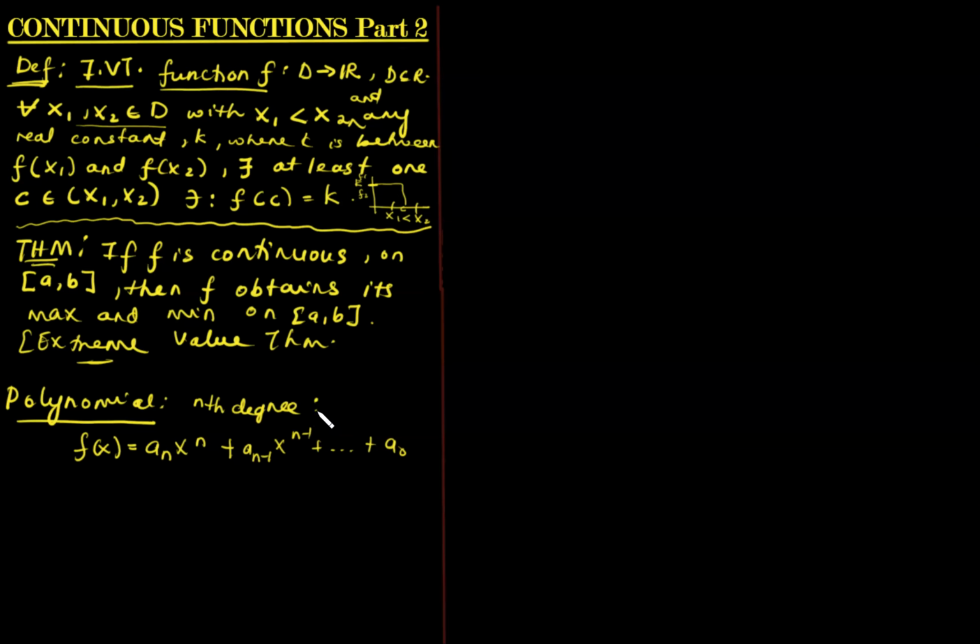So suppose the polynomial has nth degree, and if it is odd degree, that's a keyword. If it is even, then we don't want to use this.